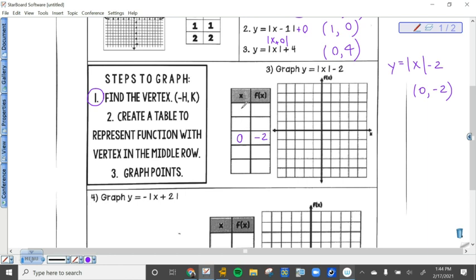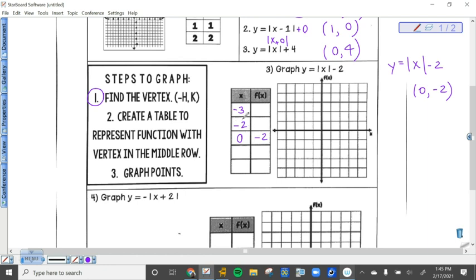And then I want you to choose two numbers to the left of the vertex and two numbers to the right of the vertex. So two numbers less than 0, two numbers greater than 0. So someone give me one number less than 0. -3. Let's do that. Okay, and someone else give me another number less than 0. -2.